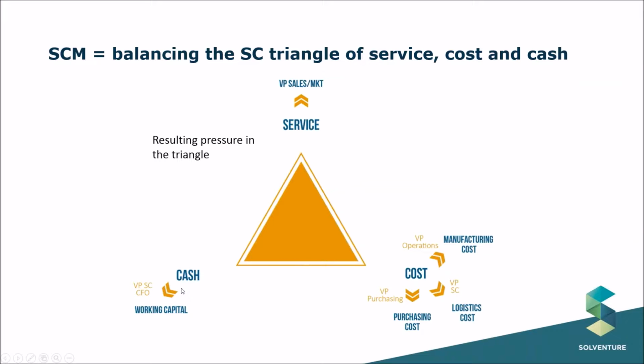It's finance who is concerned about the cash, about the capital employed, but because finance does not really understand supply chain, they will look for a victim called the VP of supply chain to lower the inventories. And if as a VP of supply chain you need to lower the inventory, be aware that managing the inventory is really about managing the balance in the triangle.